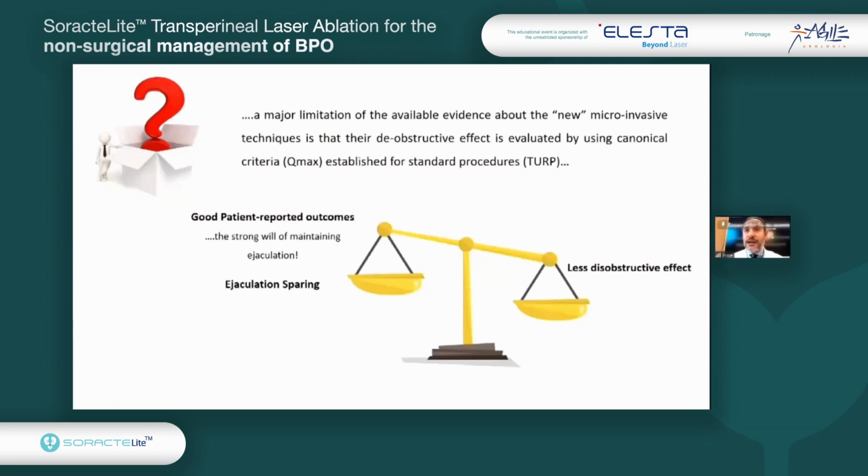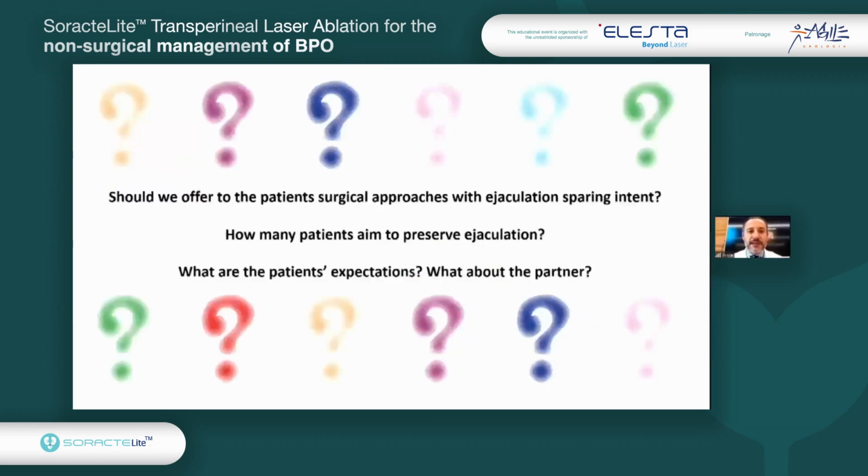But is that the right way to proceed to judge these ejaculation sparing techniques? Is it the right thing to do, just comparing this technique to the TURP? I don't think so. And this is what we are trying to assess today with the discussion.